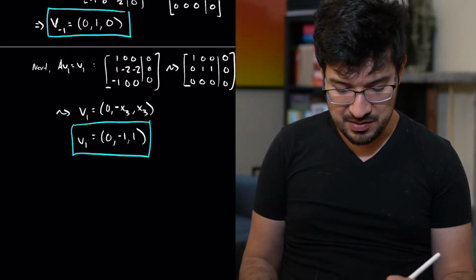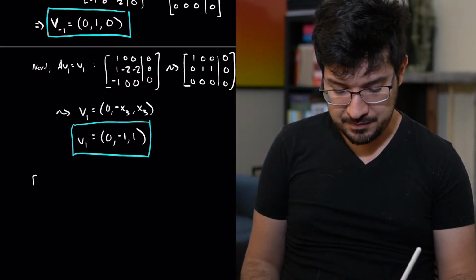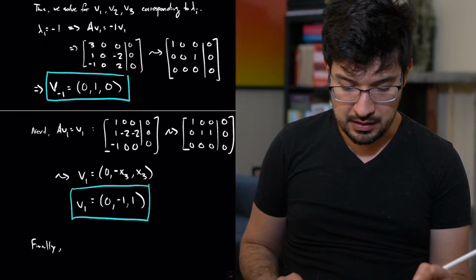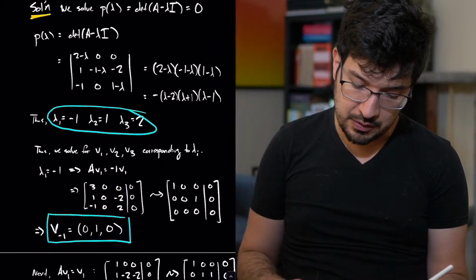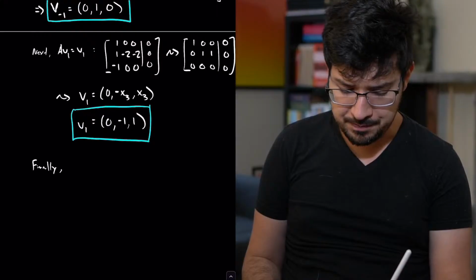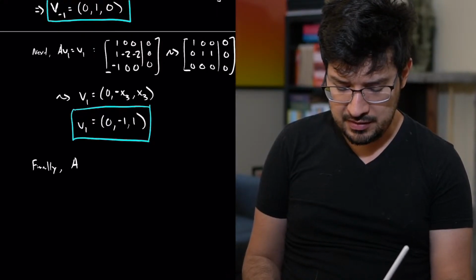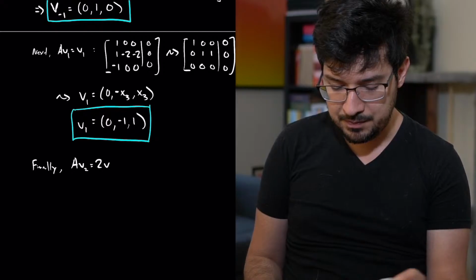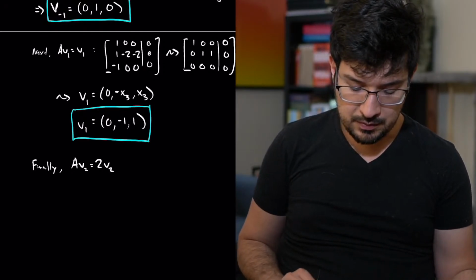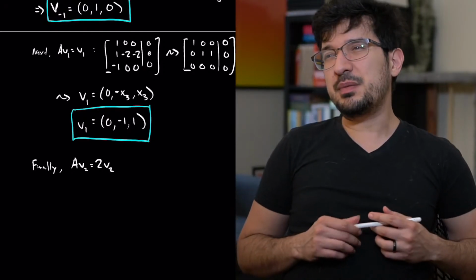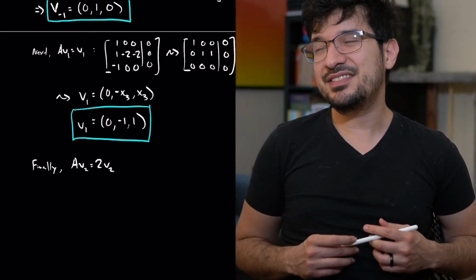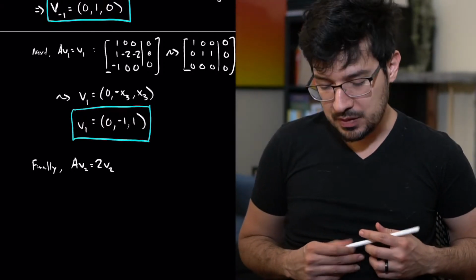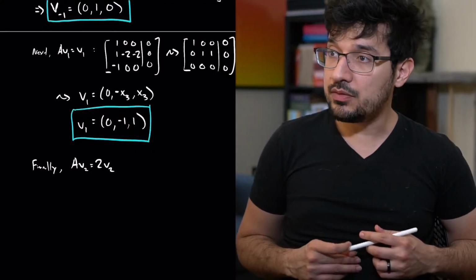So now, finally, we have an eigenvector corresponding to eigenvalue 2. We're solving A V2 equals 2V2. I don't know if I like the subscripts that equal the value of the eigenvalue, but that's what I've seen in other books that I'm starting to work with as well.